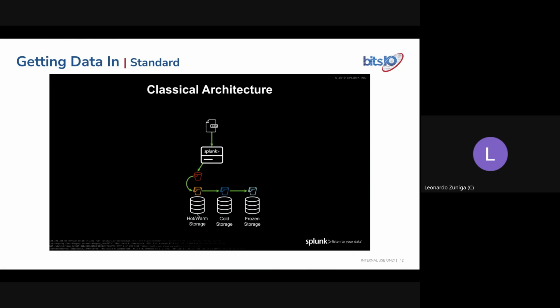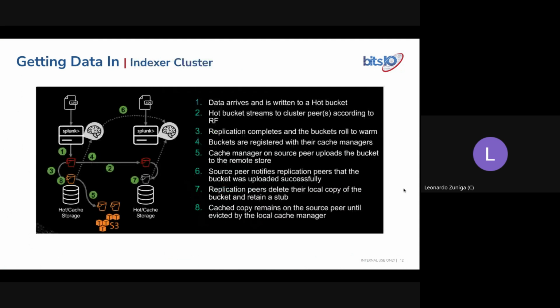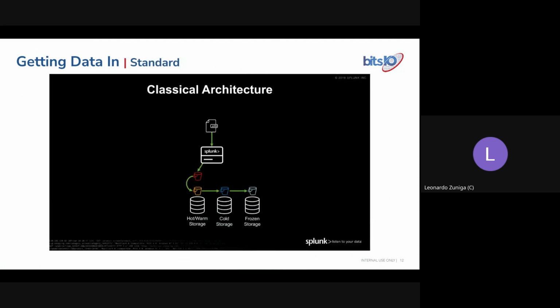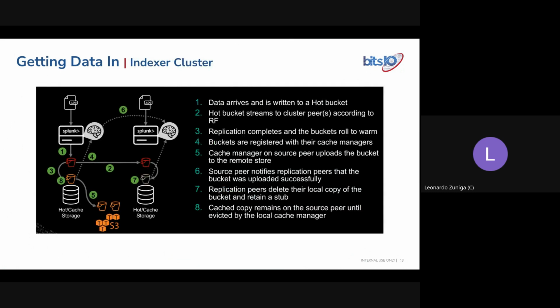The data goes through each of the bucket states, and once it hits retention policies, the data is either deleted or kept in frozen state. In Smart Store, this changes. Here we have an example of an indexer cluster.